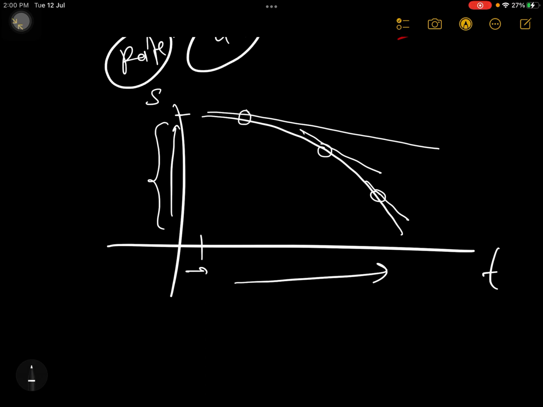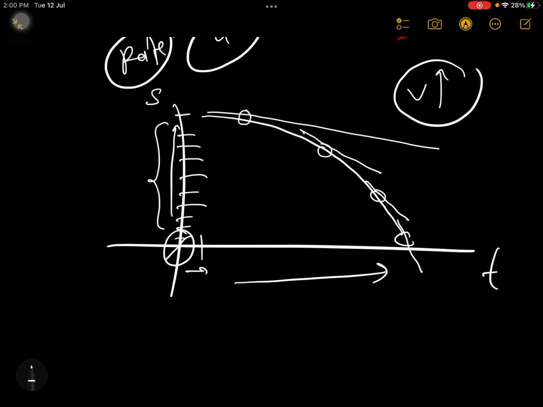You can clearly see slope is increasing, slope is increasing. If slope is increasing, then one thing is clear, velocity is increasing. But one more thing is clear. What is that? Your object is returning to its reference point. Why? Because slowly displacement is like this and coming to zero. Displacement becomes zero, but velocity is increasing.